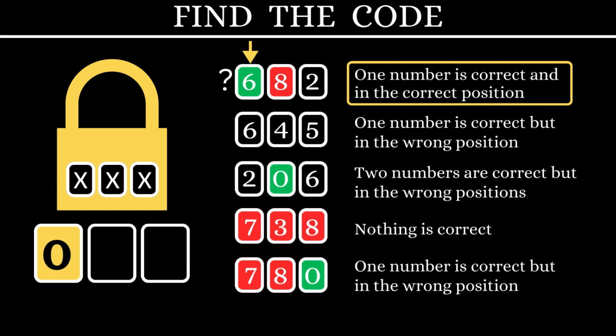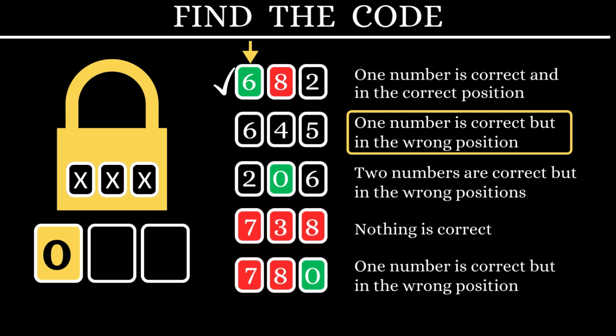According to this statement, 6 is correct and in the correct position. But according to the second statement, where one number is correct and in the wrong position, if 6 was the correct number, the same position cannot be wrong.